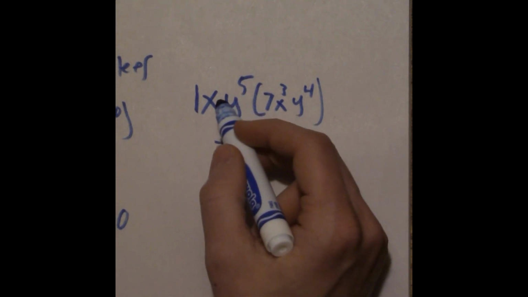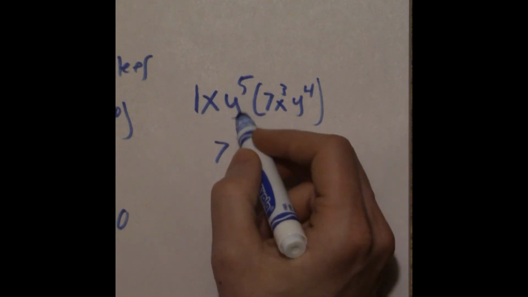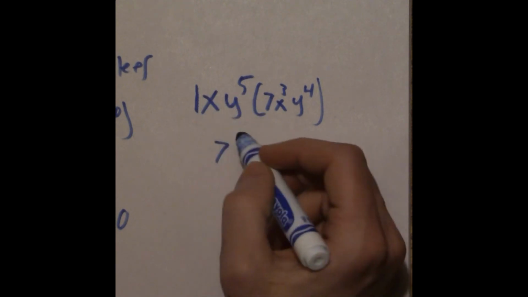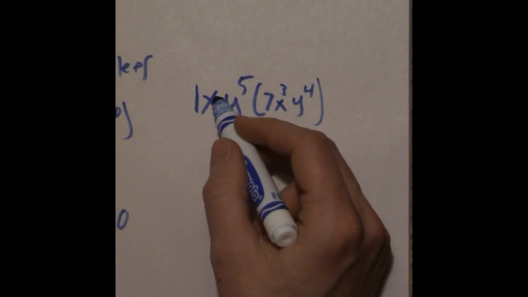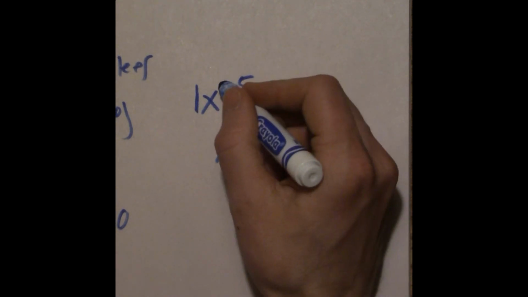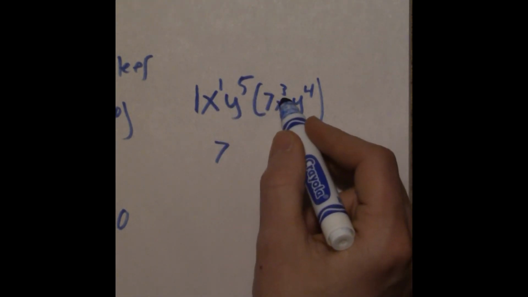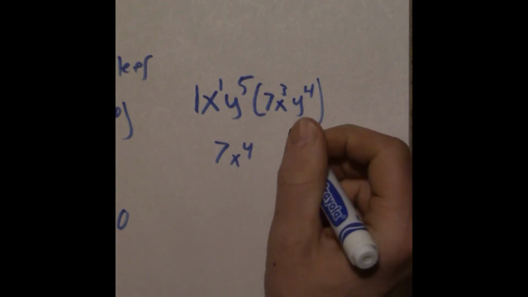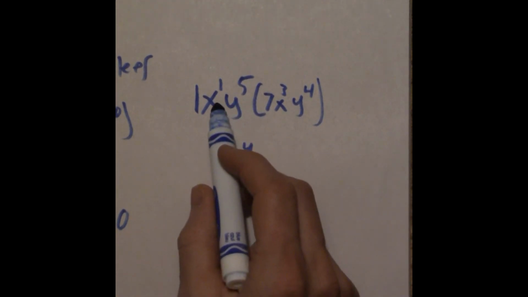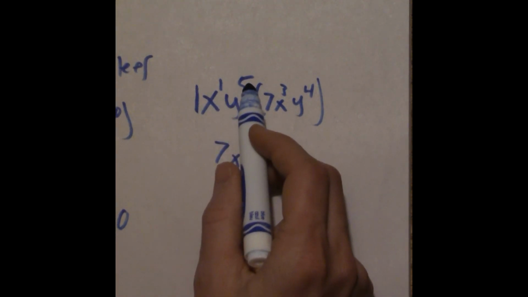The reason why the x is not being raised to the 5th power is because there aren't parentheses around the x and the y. Since there are no parentheses, the 5 only goes for the y, it doesn't go for the x as well. So this x is actually being raised to the 1st power. So this is x to the 1st power times x to the 3rd power, and that's going to give us x to the 4th power. Okay, so don't get confused and think that the x is also being raised to the 5th power. The only thing that's being raised to the 5th power here is the y.